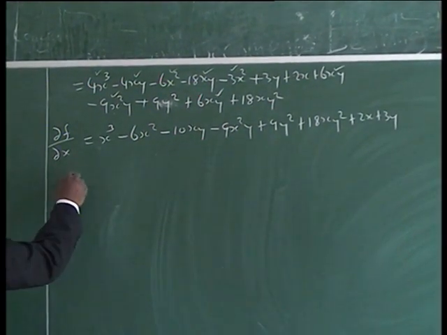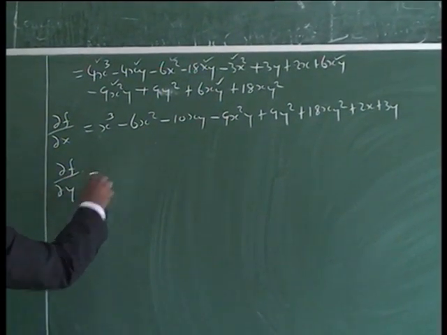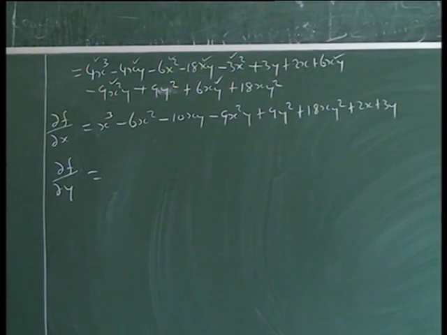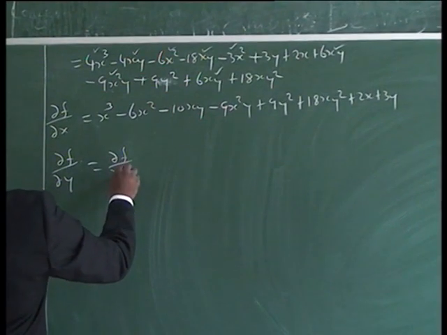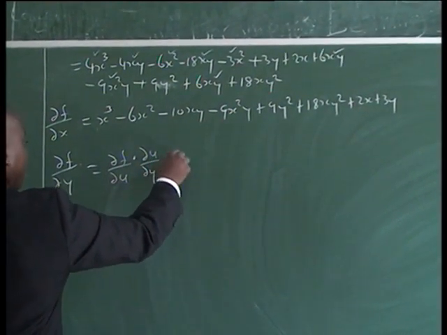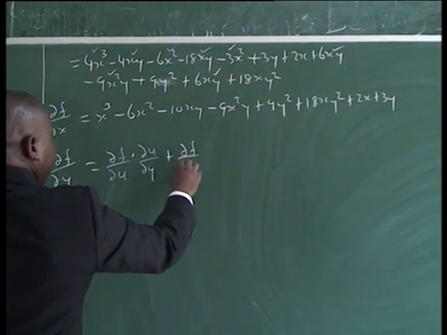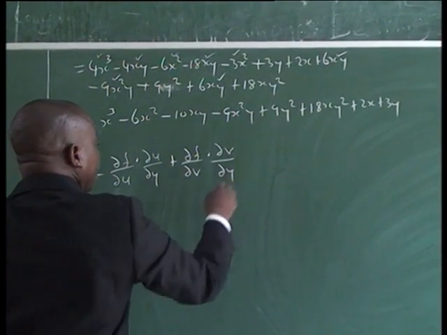We can also define partial f, partial y. And we know that it will be partial f, partial u times partial u, partial y, plus partial f, partial v times partial v, partial y.